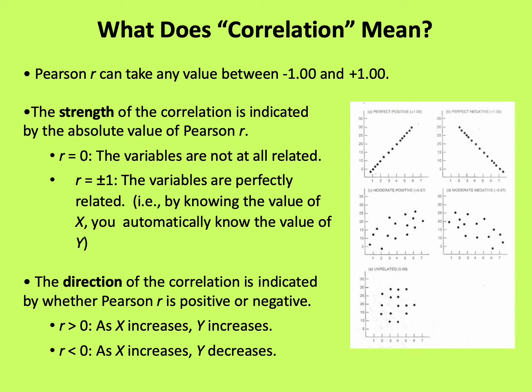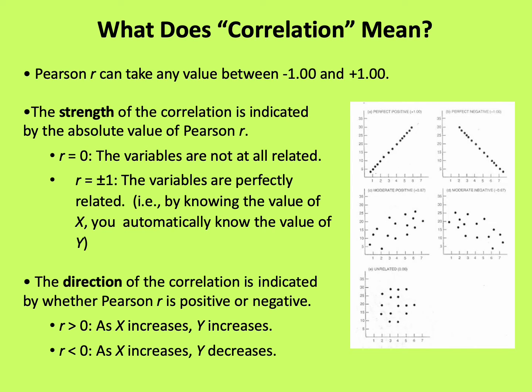Whenever we calculate a Pearson r, that value can range from -1 to +1, right? The strength of the correlation is indexed by the absolute value of that number. Generally speaking, we would assume that the closer one gets to 1, the stronger the correlation.